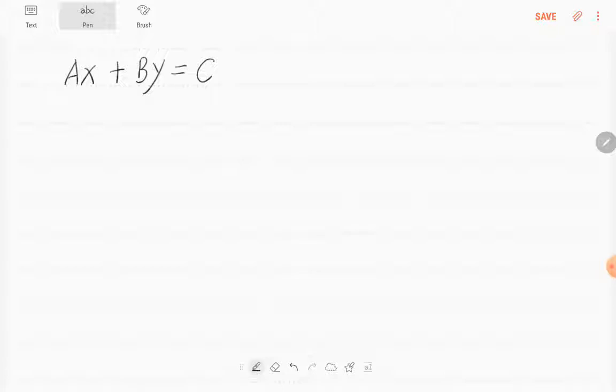There is no product between x and y. We only have some constant a multiplied by x and some constant b multiplied by y. So this is called a linear equation in two variables, x and y. It represents a straight line, sometimes we just call it a line, a straight line in the plane.